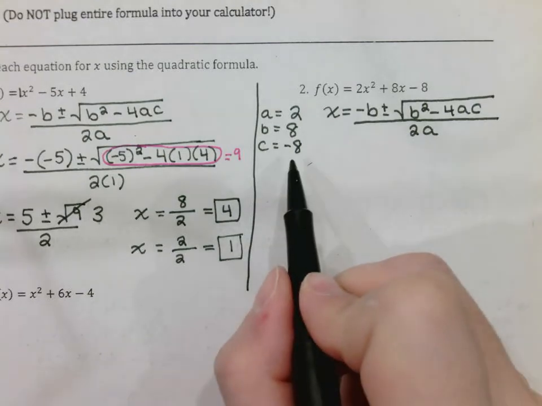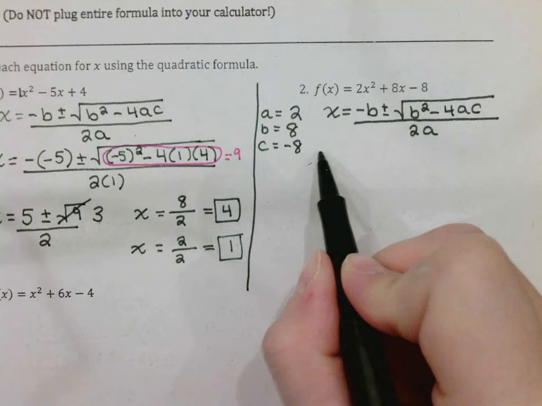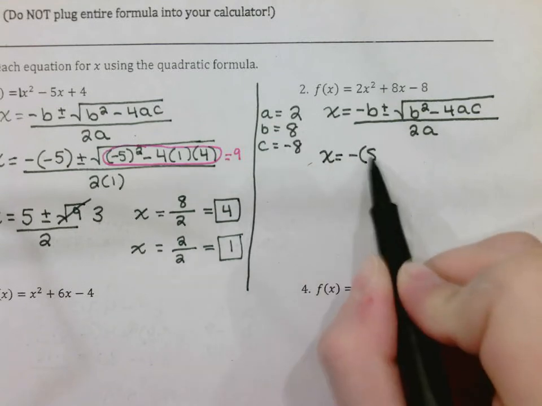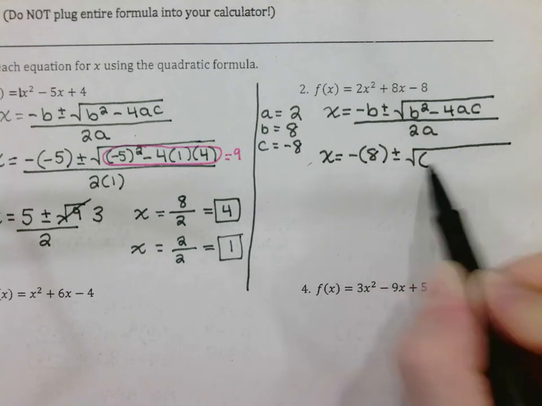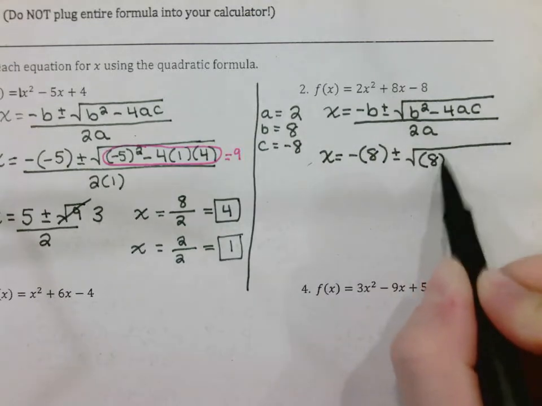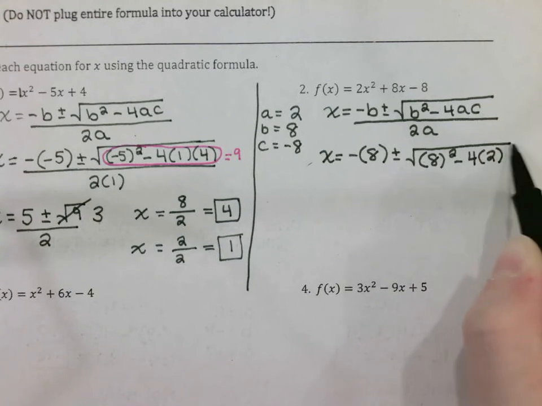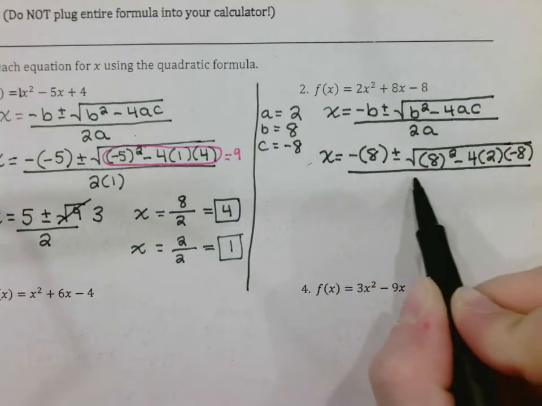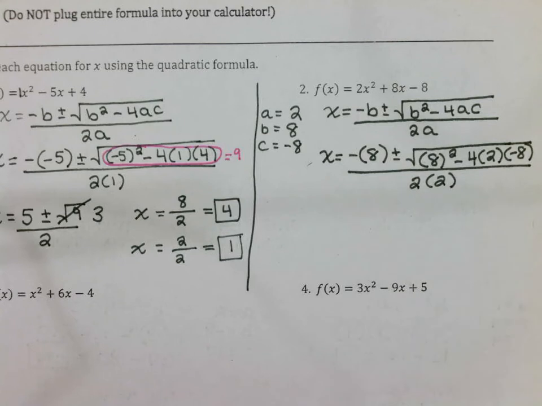And remember, every time I plug one in, I'm going to put it in parentheses so I don't make any sign errors. So we have negative b, which is 8, plus or minus the square root of b squared minus 4 times a times c. I'm just plugging in a, b, and c. This is all over 2 times a.